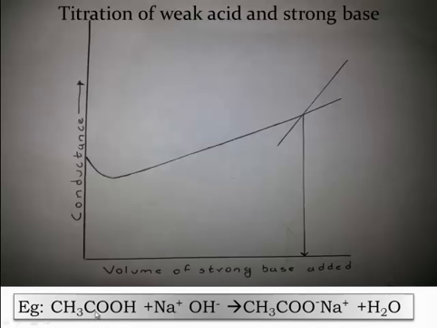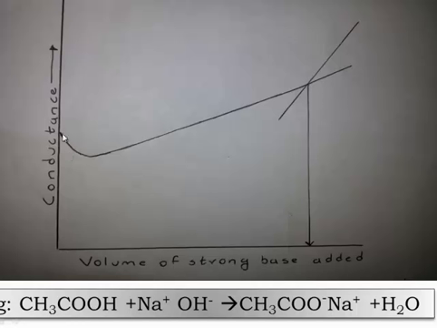Now, initially therefore, there's a large concentration of acetic acid and its conductance is not very high like that of HCl, because acetic acid is a weak acid and does not dissociate completely. As NaOH is added from the burette, initially the conductance of the solution is going to drop.